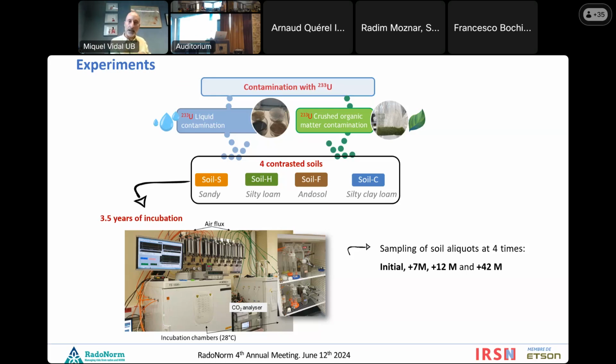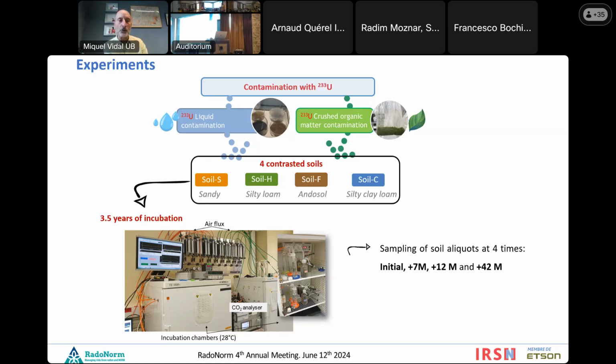It was the Galax plant, and then we can compare whether this liquid contamination or this organic matter-based solid contamination plays a role in the retention parameters of uranium.